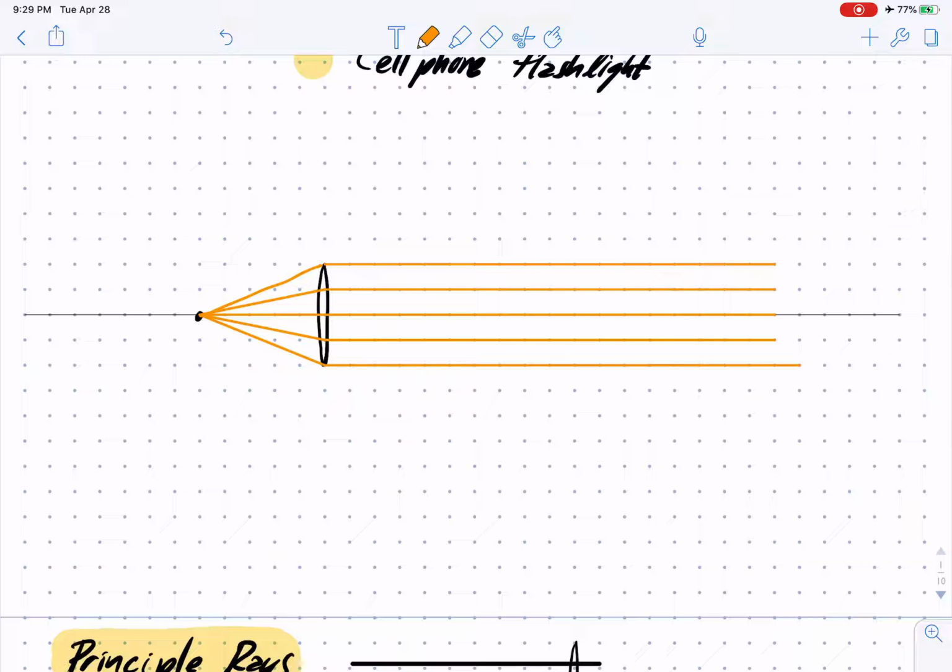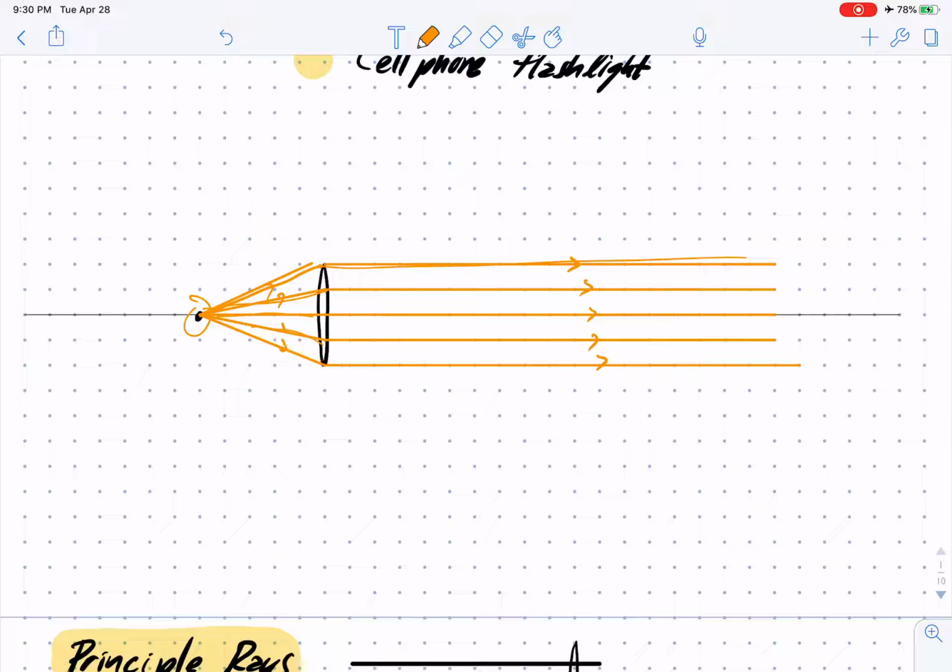Okay. If you've seen one of those searchlights before where they have some kind of event, they shine a light up into the sky, it's essentially the same thing. You have a very bright light with a lens, and it makes all the light, instead of spreading out, it all goes forward along this path. It keeps it from spreading out. Okay, so that's another observation. If light comes from the focal point and hits the lens, it all goes out parallel.